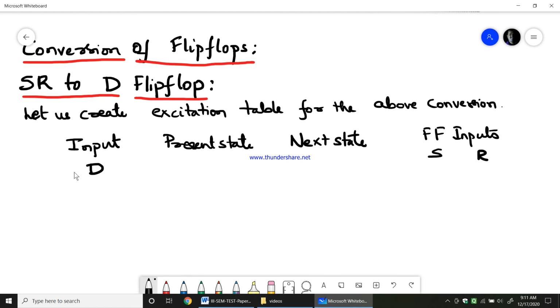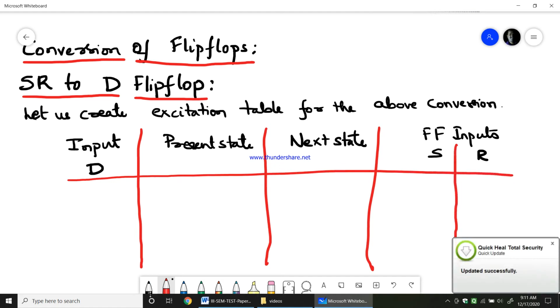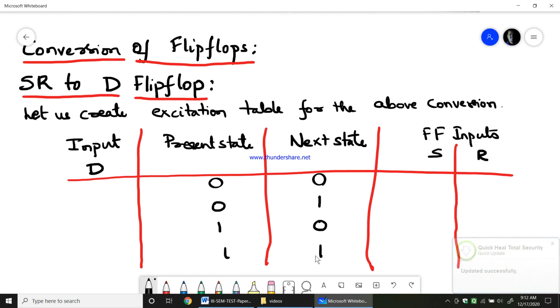These would be the columns that we normally use while converting. Now the present state and next state, we know we will write 2 bits, therefore 0 0, 0 1, 1 0, 1 1. So this is how we write the present and next state.